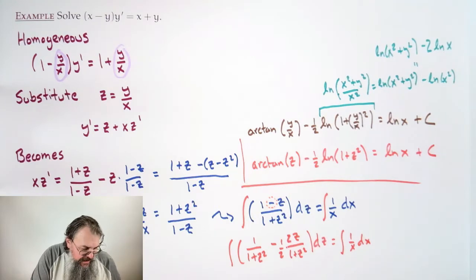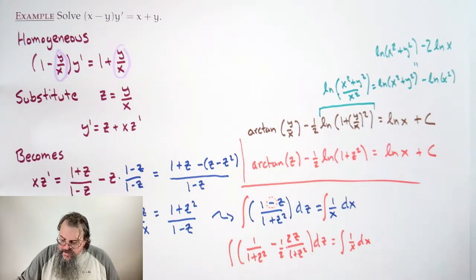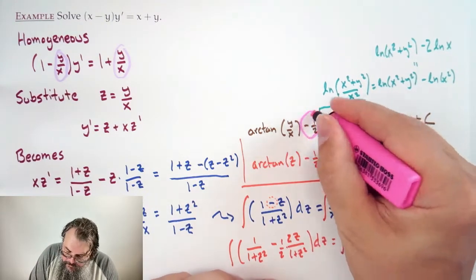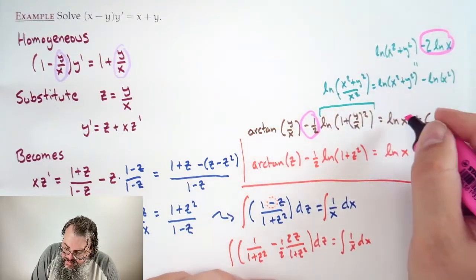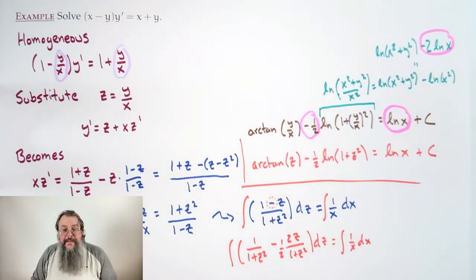Which means that if you take this minus a half and this minus 2 log x, it's exactly equal to that log x.